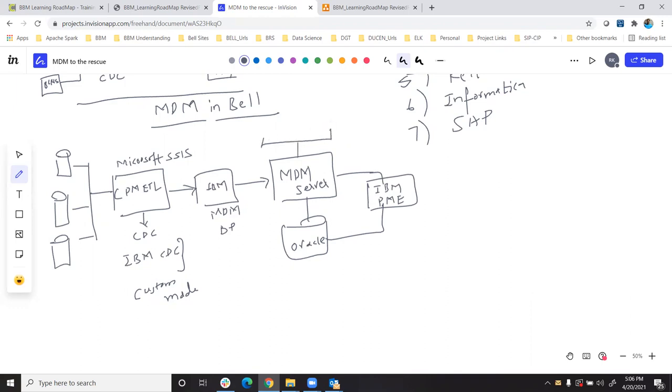Although we are using the MDM batch processor, we haven't done any customization here. We are using it as it is. In the MDM server, we did a great deal of customization. For example, this product gives you great flexibility to extend these data models. You'll understand when we see the data model session.